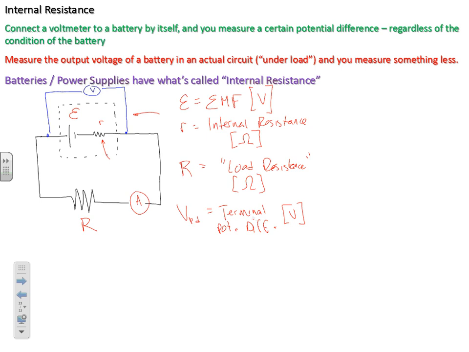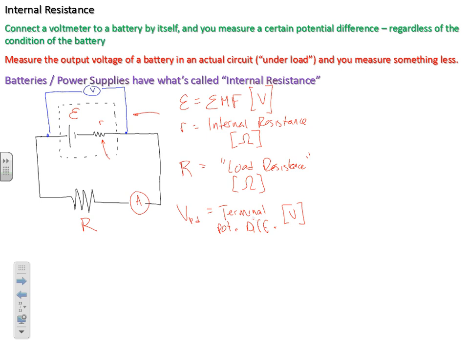So if that resistance goes up, basically the resistance of the whole circuit goes up, the amount of current in this circuit will drop, and the potential difference across this load resistor can drop. If you think of a light bulb in a flashlight, over time the internal resistance of the batteries increases, and that makes the current that actually goes through the light bulb get smaller, and that makes the light bulb not as bright.